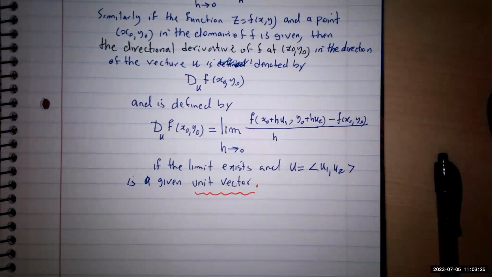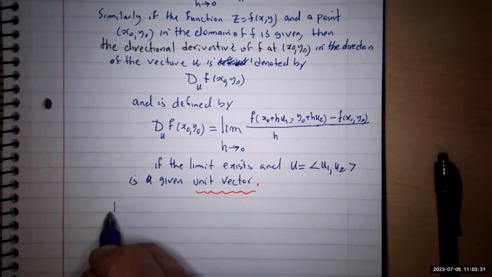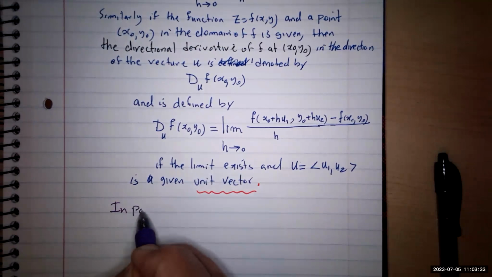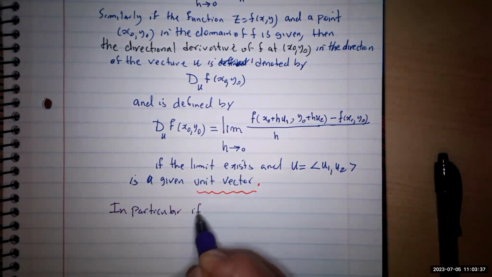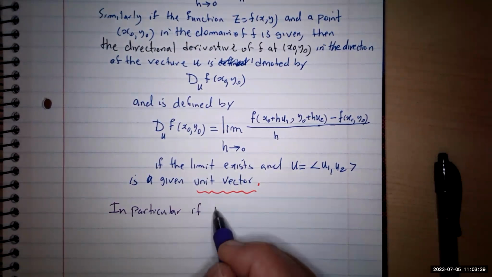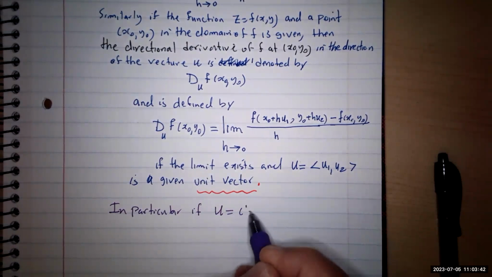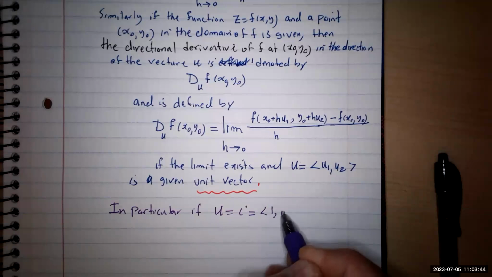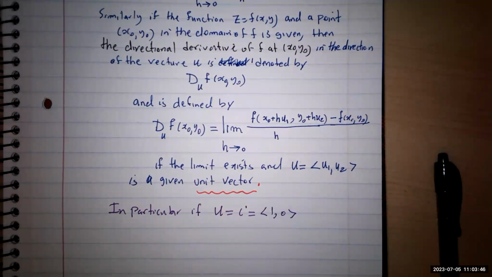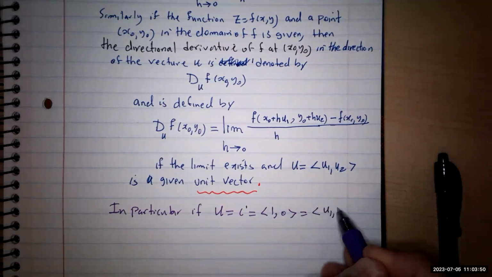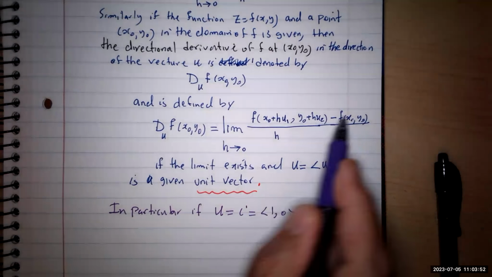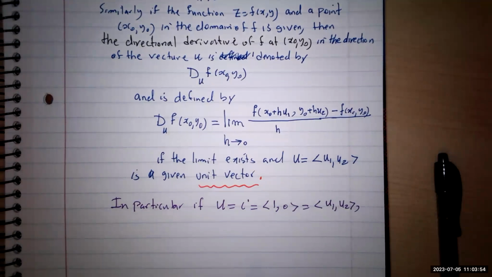You find out this is the extension of the partial derivatives. In particular, if u is equal to the unit vector i, which is (1, 0), this is your u1 and u2. If you go back and substitute over there, what's going to be the result?